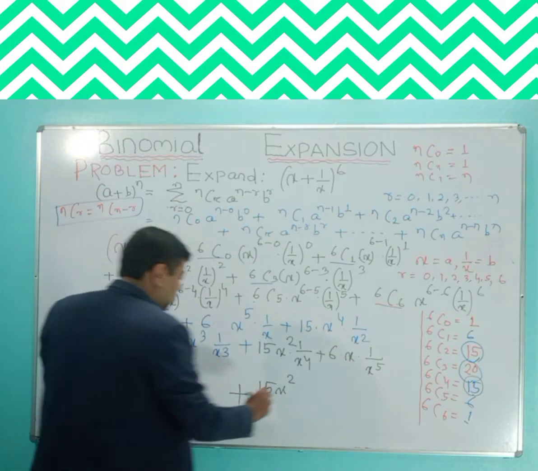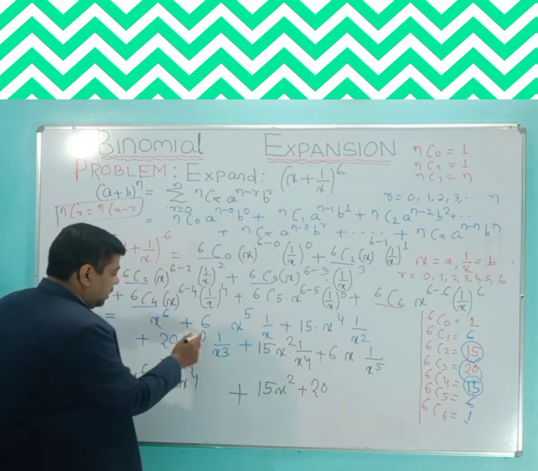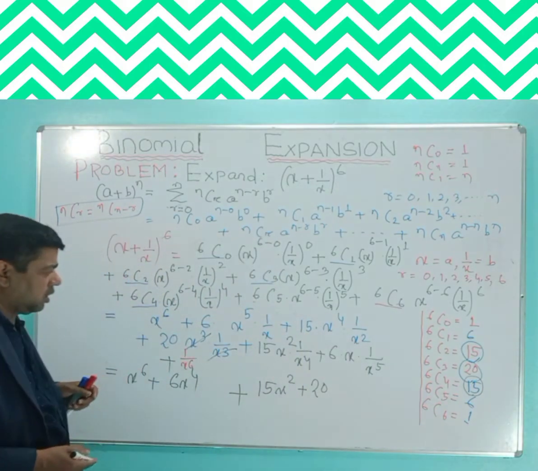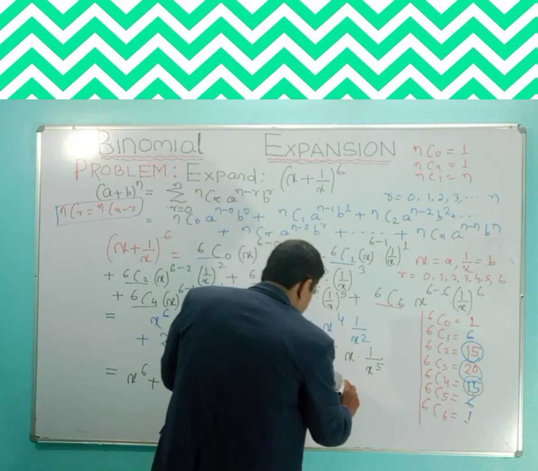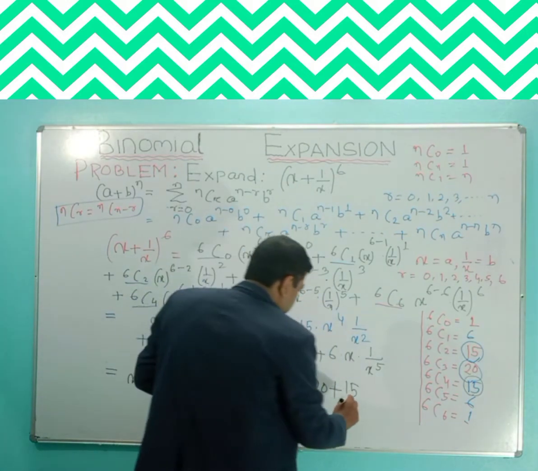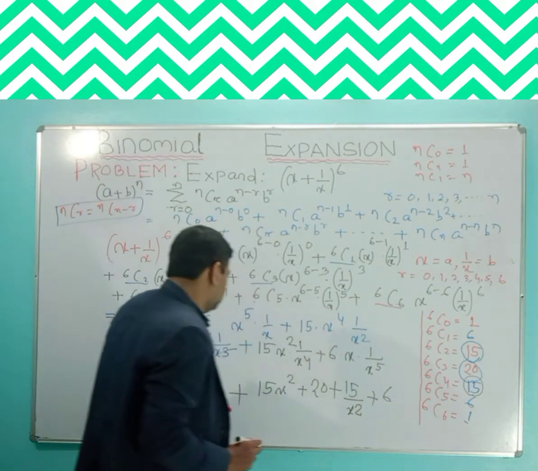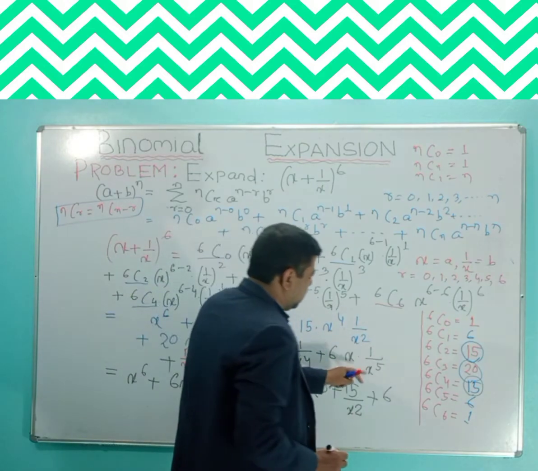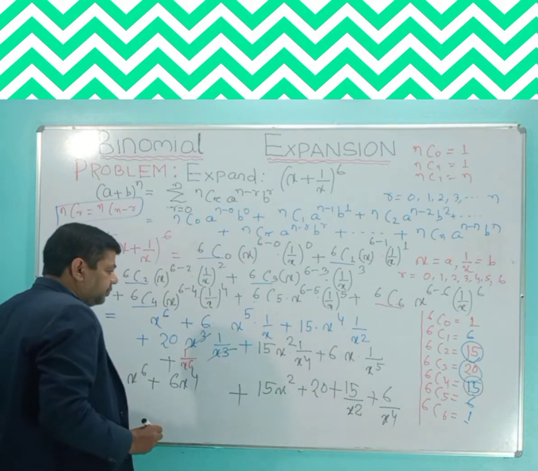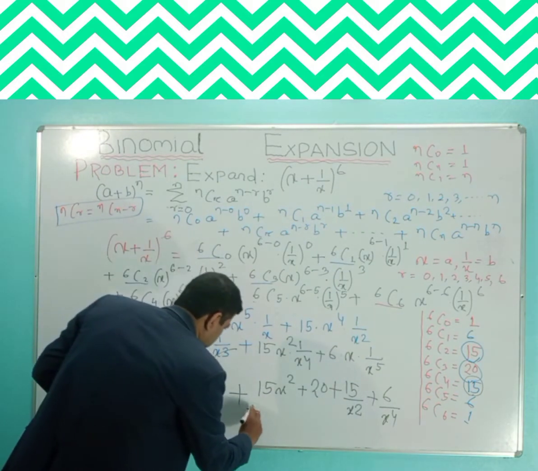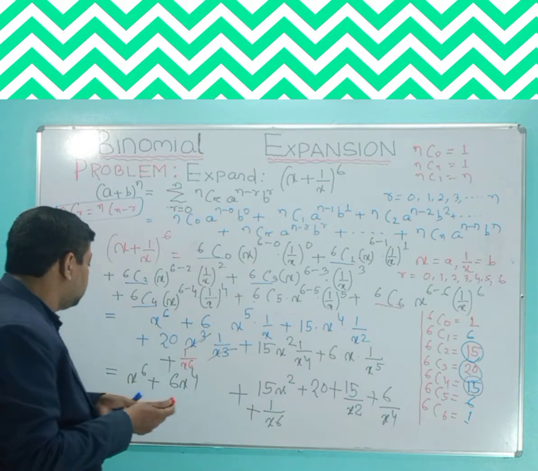Then plus 20, here x cube cancels, the value will be 1, so 1 is the multiplicative identity and you can remove it. Then 15 into x square, plus 6 into x divided by x to the power 5 is x to the power 4, yes, and plus 1 upon x to the power 6. So this is the desired expansion of the given binomial.